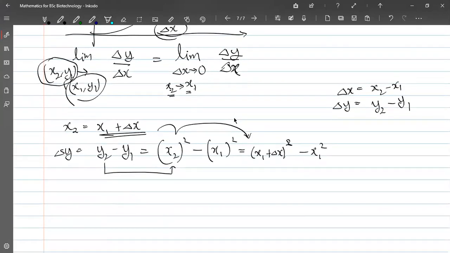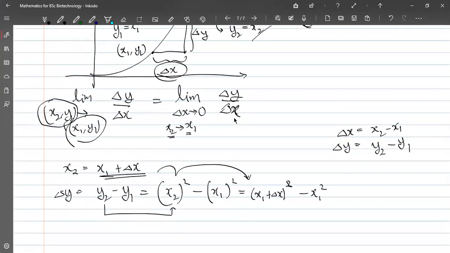So simplify this. a plus b whole square: a square is x1 square, plus 2ab, so 2 x1 delta x, plus b square, so delta x square. So this much is from the expansion of this.